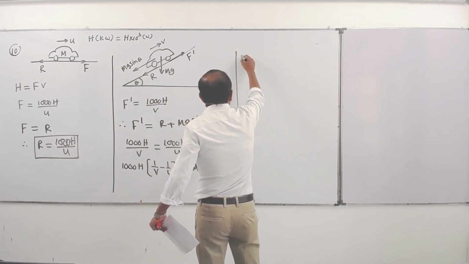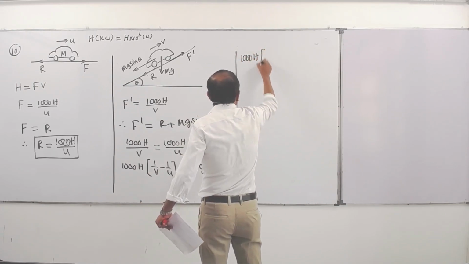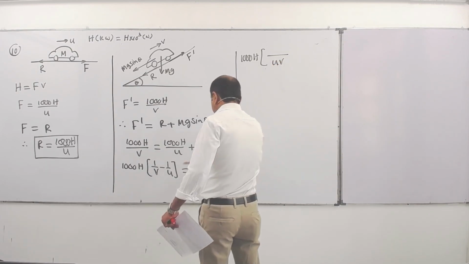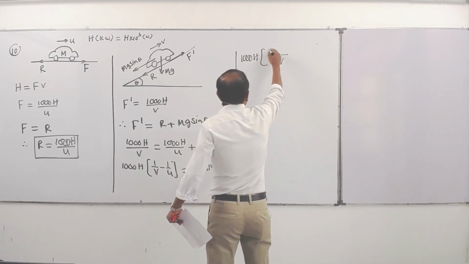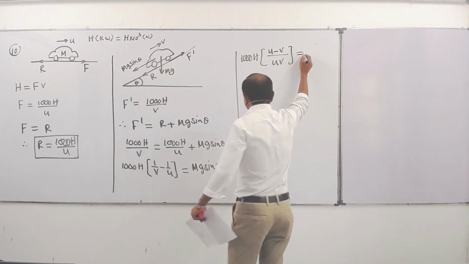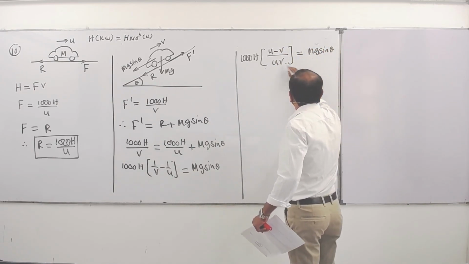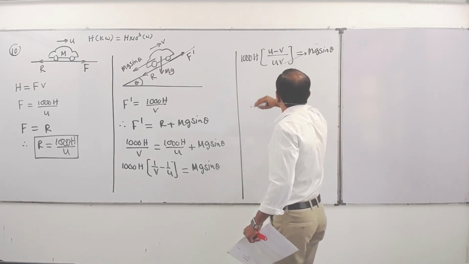Now we can make H the subject. How? 1000 H within bracket, take the common denominator as the product uv. Then u comes here, v comes here: u minus v over uv is equal to mg sin theta. Then use cross multiplication this way.